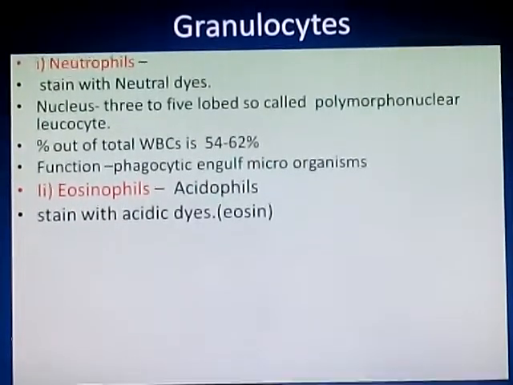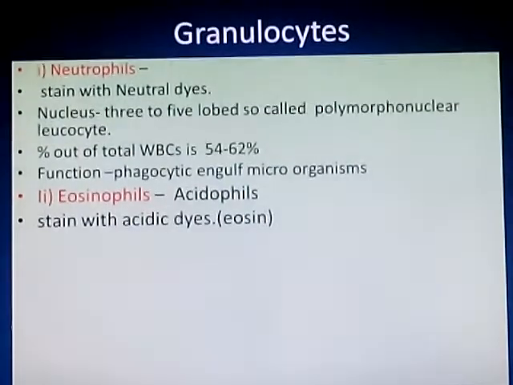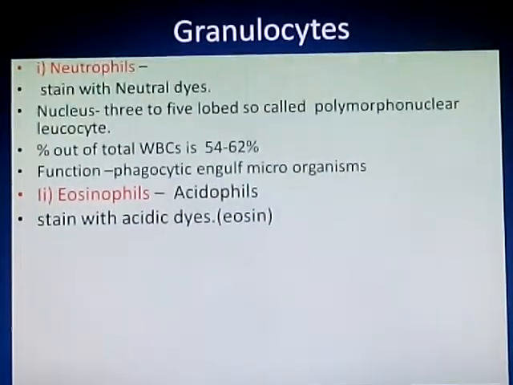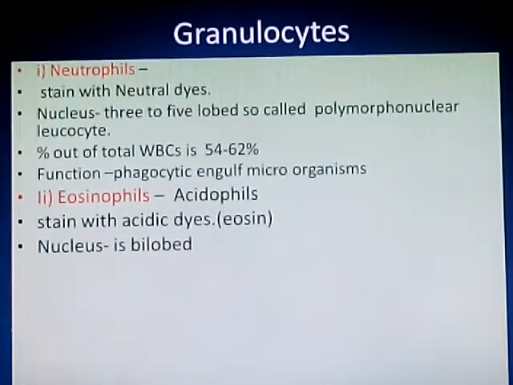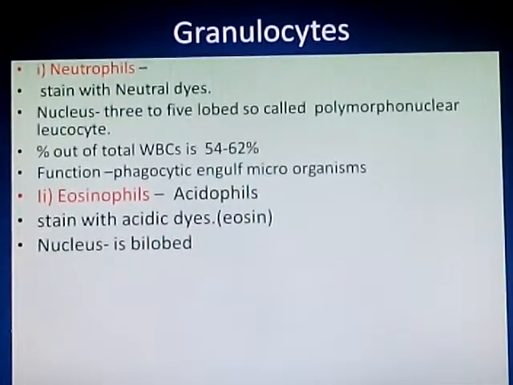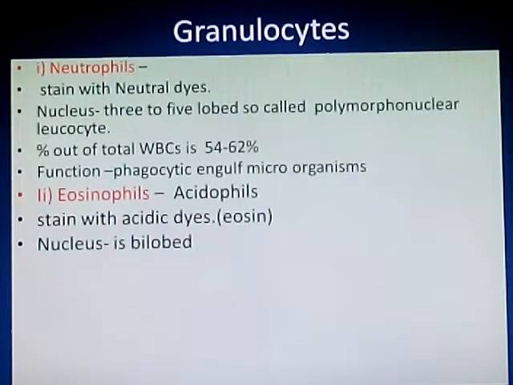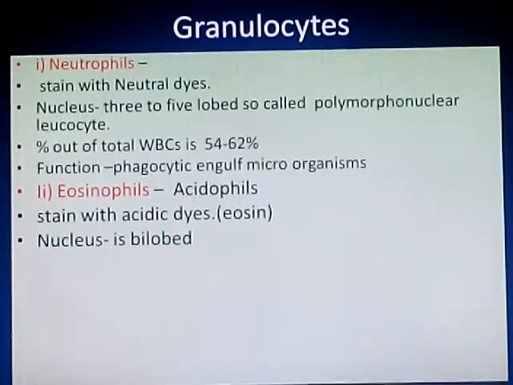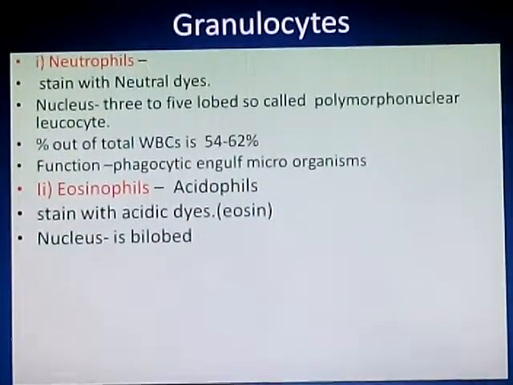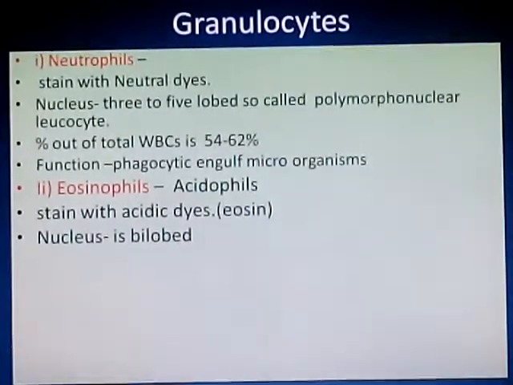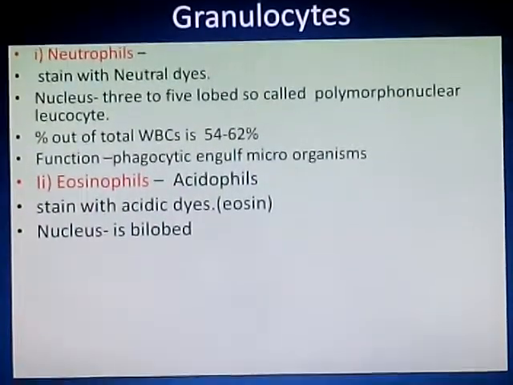Staining. It can be stained with the help of acidic dye, eosin. Second, the nucleus of eosinophile is bilobed. That means there are two lobes in the nucleus of eosinophiles.